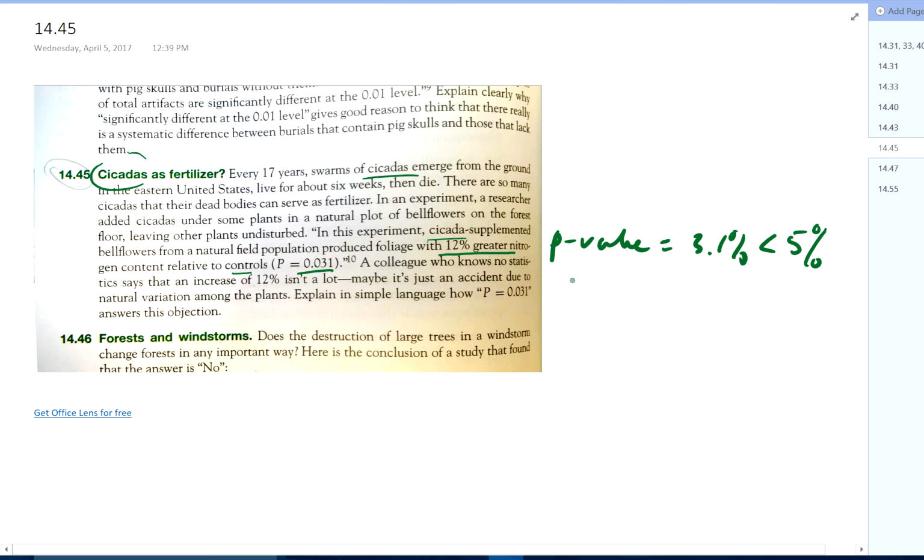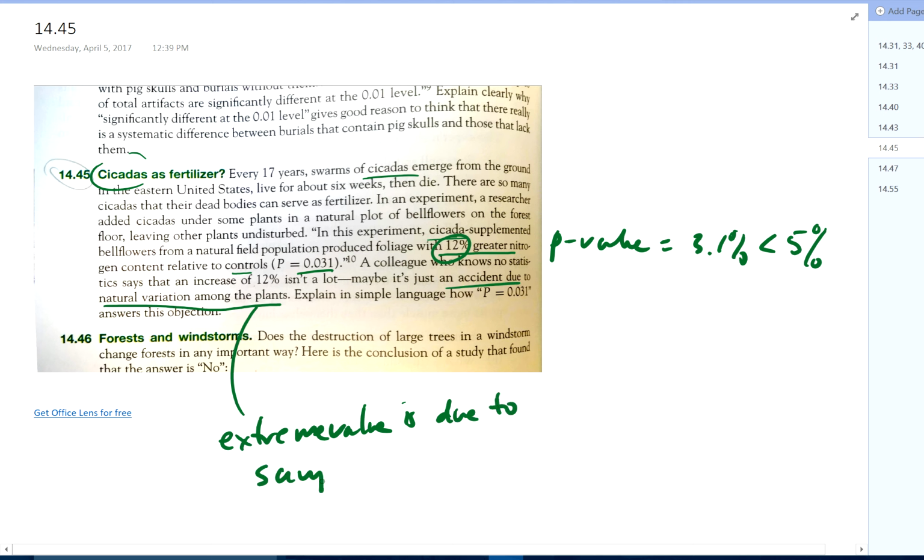Okay. A colleague who knows no statistics says an increase of 12%, which is what we got, isn't a lot. Maybe it's just an accident due to natural variation among the plants. So he's saying that the extreme value is due to sample variation.